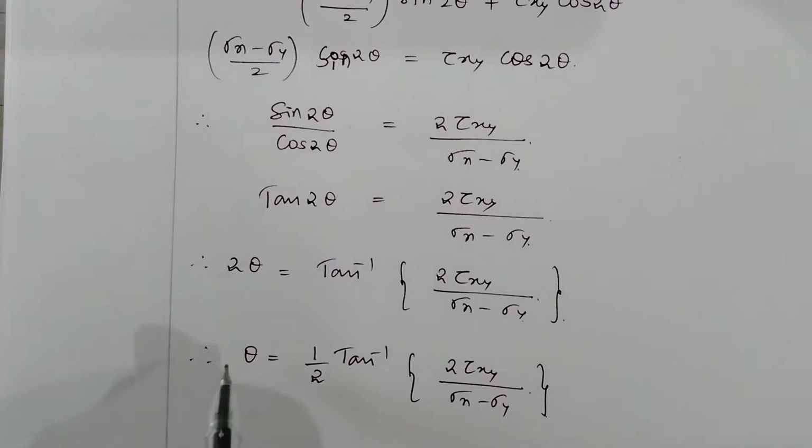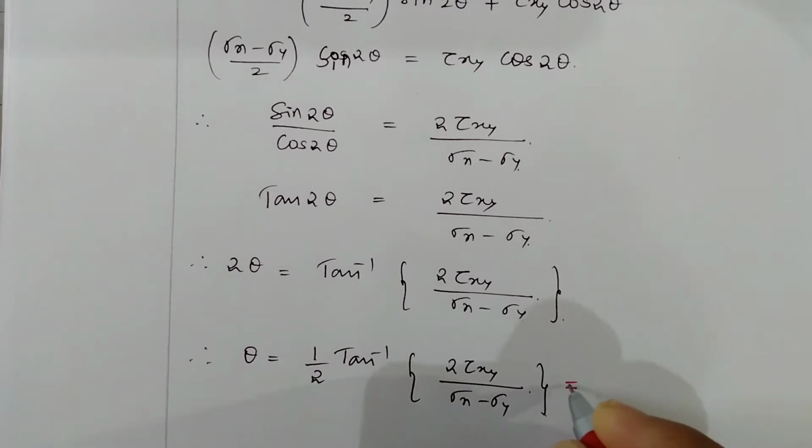I repeat, this is the value of theta which gives me the location of principal plane, and that is the reason I call this value theta P1. P stands for principal plane.